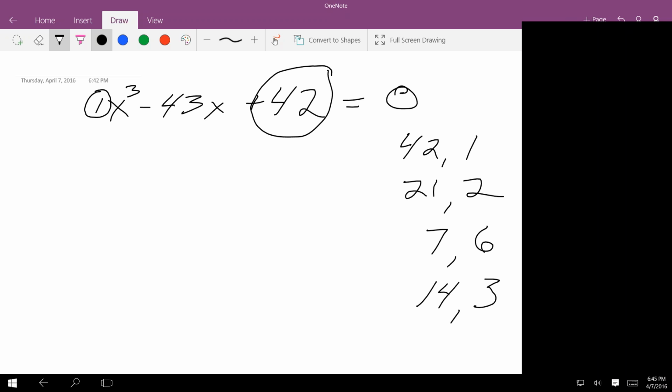Here's what the rational factor theorem says. The numerator can be that, or that, or this, and it's always plus or minus, because minus 7 times minus 7 also gives you 7.